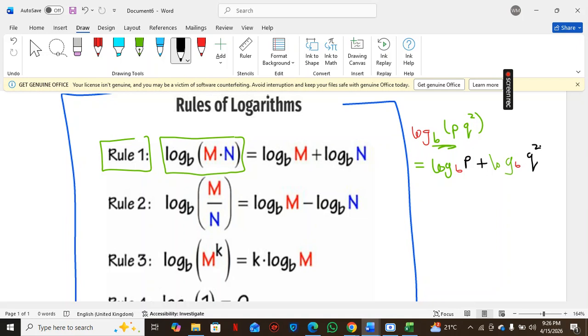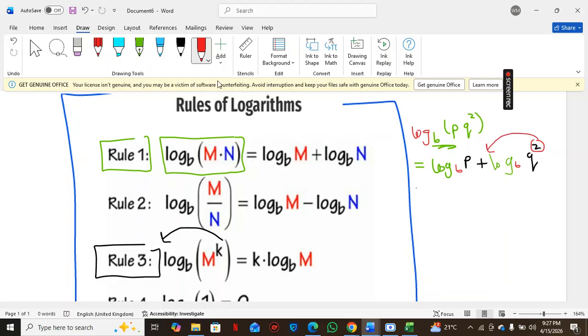Because this q squared, we need to get rid of this exponent here. This is where we're going to apply rule number three, the power rule. Have you seen? log_b m to the power k equals k log_b m. This k is just going to come in front of the logarithm. That's the same thing that's going to happen here. This 2 is just going to come in front here.